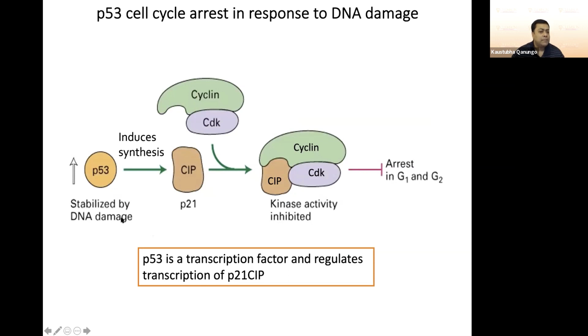It's stabilized by the DNA damage, and it induces the synthesis of P21, which binds to the cyclin CDK complex, arresting not only G1 but G1 to S, S to G2, everywhere. That's the overall activity: it is a transcription factor which promotes the transcription of P21 and inhibits the cyclin CDK complex.